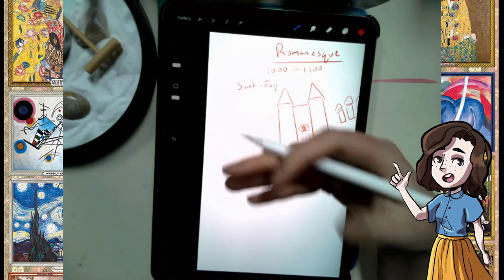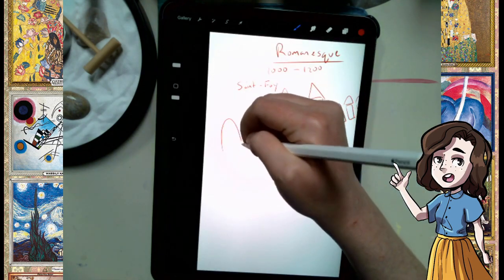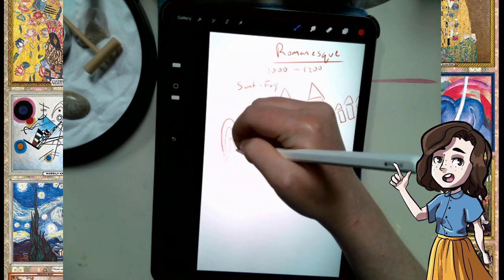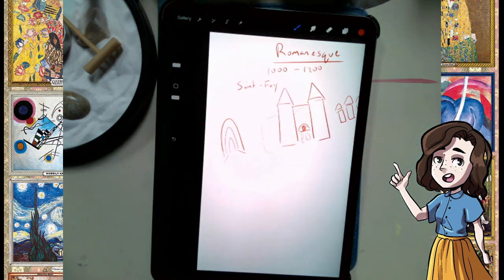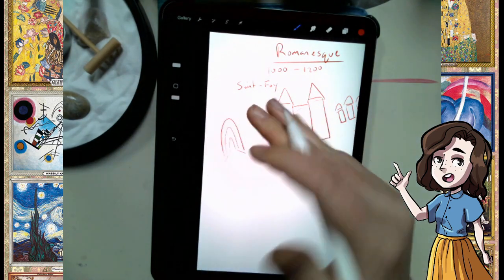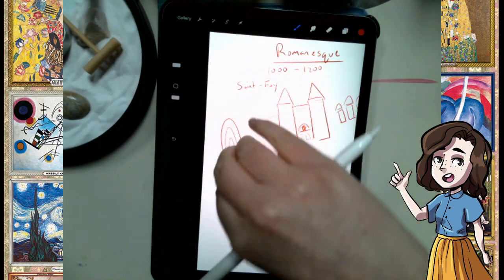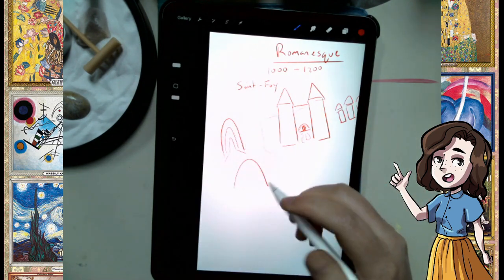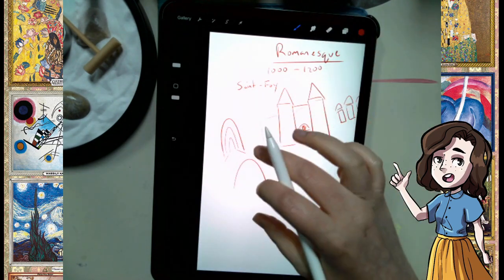The interior of St. Foy also very clearly shows that Romanesque style because they have the barrel vault. Barrel vault comes from Rome because it's that arched roof of kind of carrying through the arches that Rome developed.